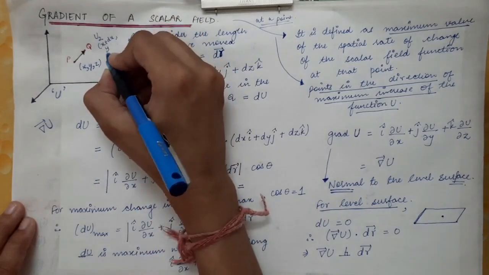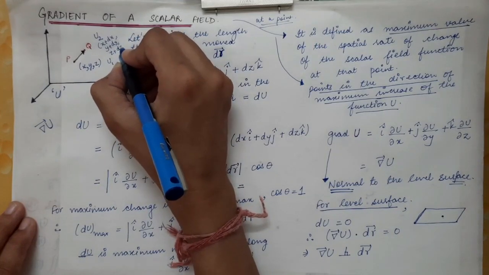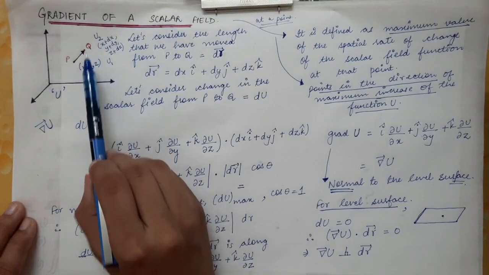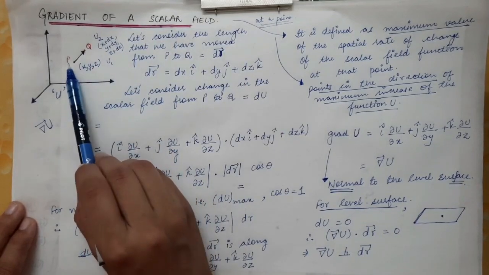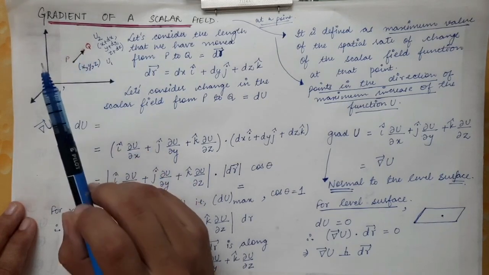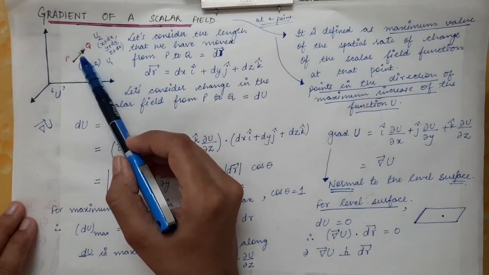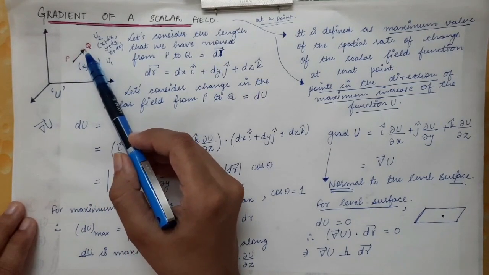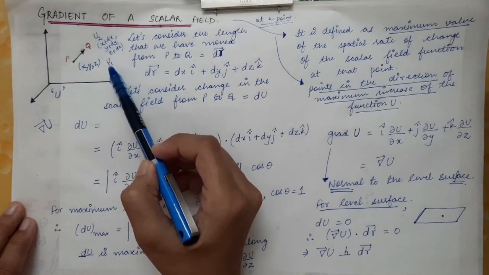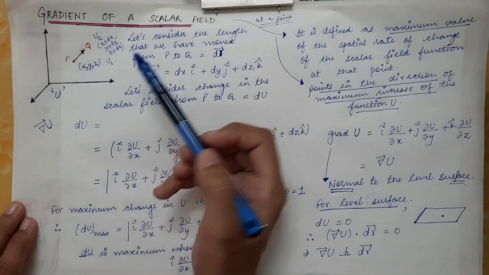Then the Y coordinate is Y plus dy, and the Z coordinate is Z plus dz. These are the coordinates of point Q, and the coordinates of point P are X, Y and Z. So there is a very small change in the coordinates. When we are moving from P to Q, that is from one point in space to another, there is a change in the scalar function. The change in the scalar function will be given by U2 minus U1.